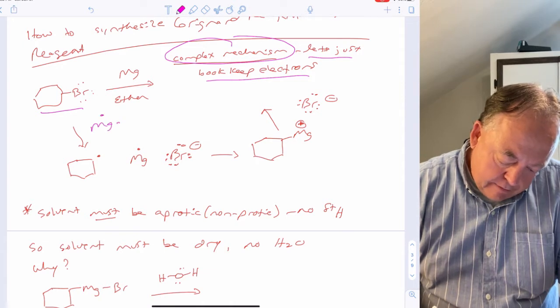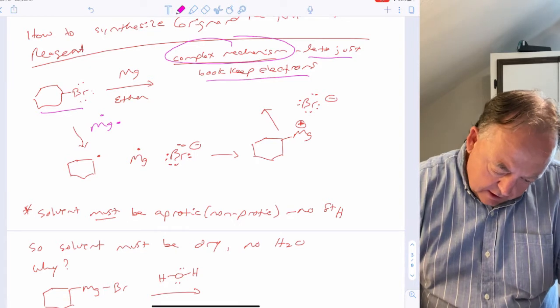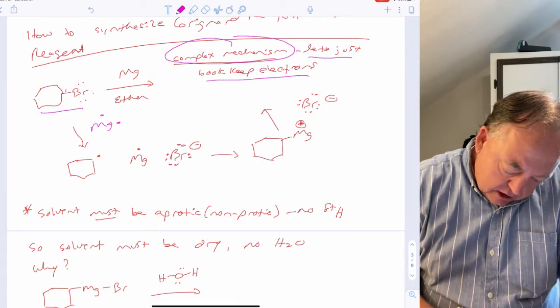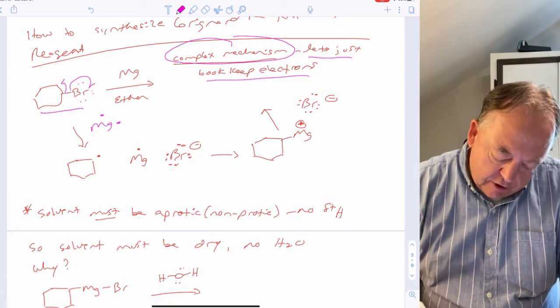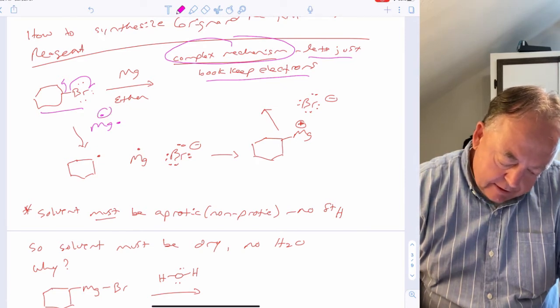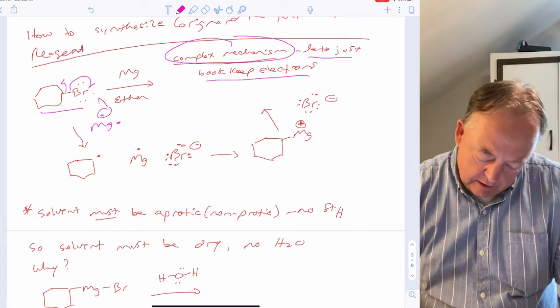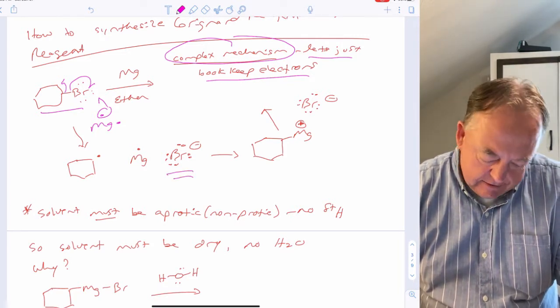And if you react that with magnesium, magnesium's got 2 valence electrons, right? So let's do this. First of all, let's split the carbon-halogen bond and let carbon and bromine take its electron back. And then let's give one of the electrons from magnesium to bromine. So bromine had 3 lone pairs to begin with, now it has 4, so now it's Br minus.